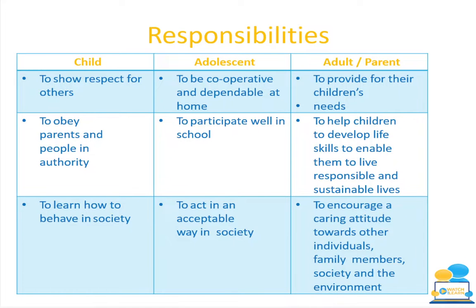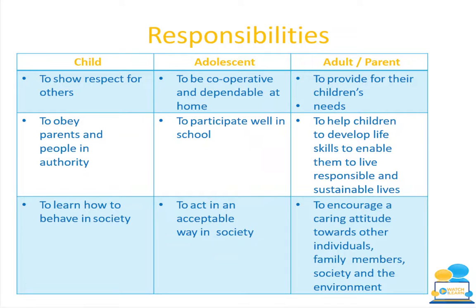The responsibility of adults and parents does differ, but in this case we're putting them together. So a parent, for example, has a responsibility to care for their child's needs, whether that's physical, emotional, or educational needs. They have a responsibility to help their child develop life skills, okay?